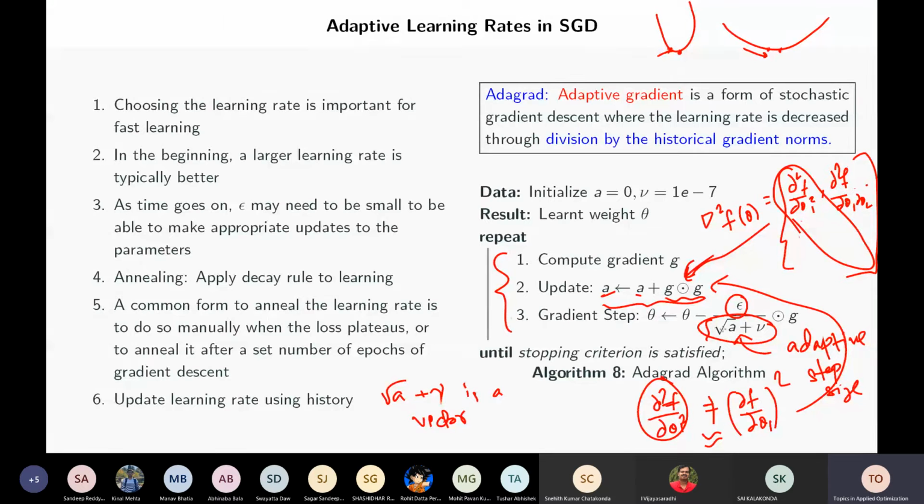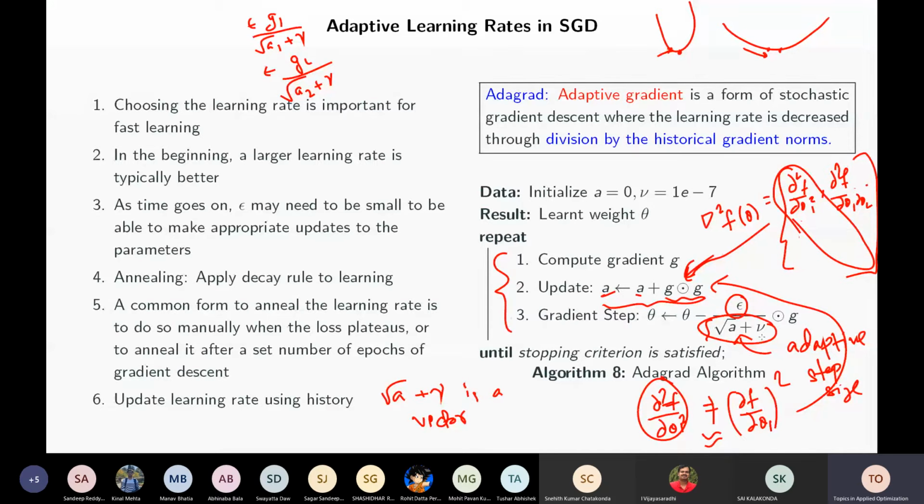That's what it's trying to say, because it's a pointwise thing. So this will be epsilon g1 divided by the square root of a1 plus nu, and then epsilon g2 divided by the square root of a2 plus nu. Nu is again some hyperparameter.